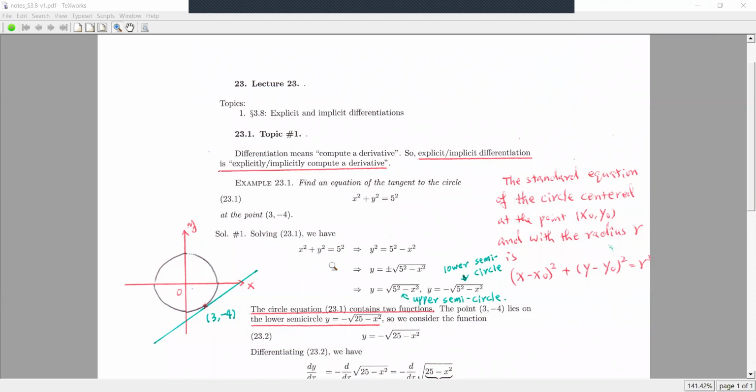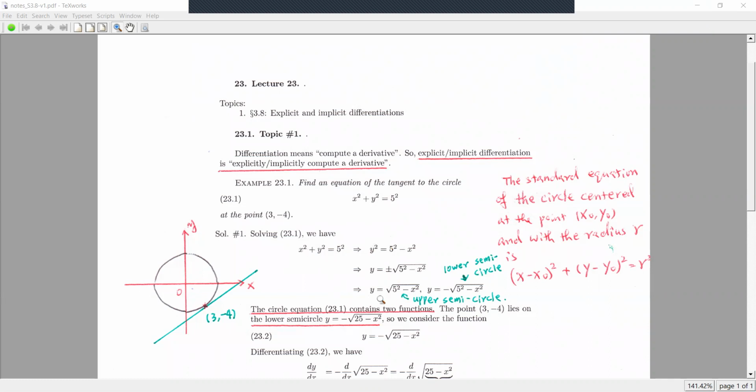Move x squared to the right side, then we have this equation. Take the square root on both sides, then we have this equation. When we take the square root, don't forget the plus and the minus sign in the front.